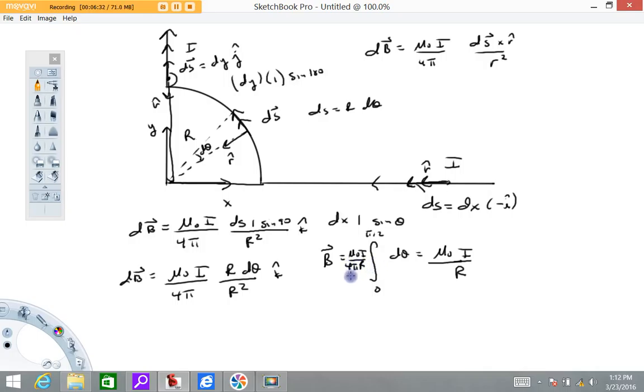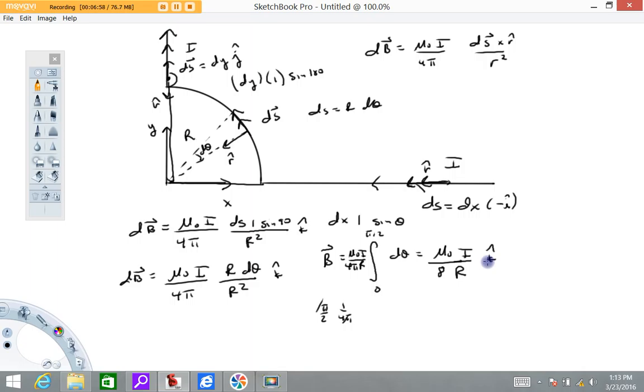Let's see, pi over 2, I believe that's 1/8 out of that, k direction. Just make sure. Let's see, we're going to have pi over 2 times 1 over 4 pi. Yep, pi's cancel, gives me a 1/8. So the magnetic field expression right here, due to this entire current configuration, is equal to mu sub 0 I over 8r, k direction. So you can see the Biot-Savart law isn't always a pain to use.